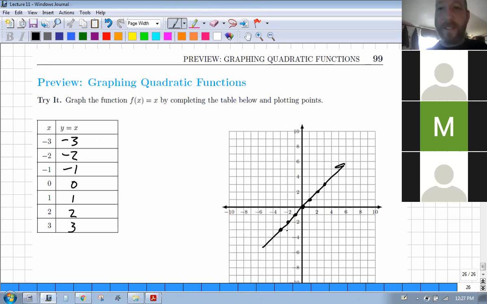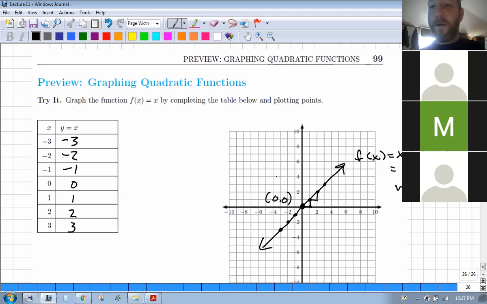This is your most basic function, f of x equals x. The input is the same as the output. Notice this is the same as 1x plus 0. Your slope here is 1. Your b is 0. Boom. 0, 0. Slope is 1. Go over 1, up 1, over 1, up 1.